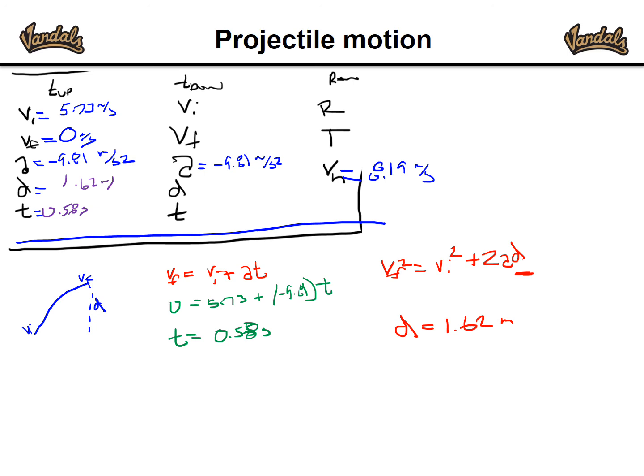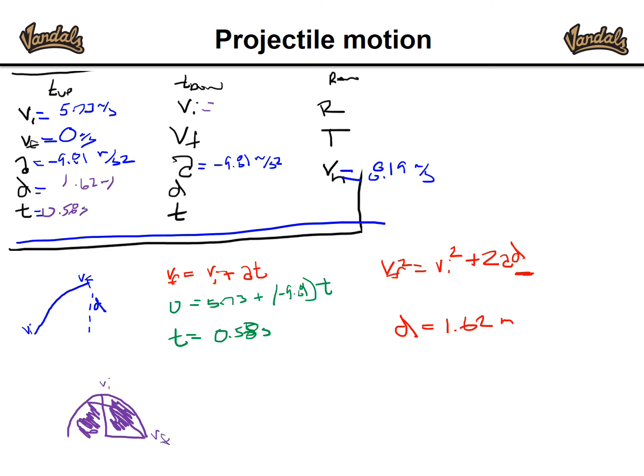If we said it was a soccer ball going from ground to ground, then what I do know is that this part of the parabola is a mirror image of this part of the parabola. So this is my VI, this is my VF.